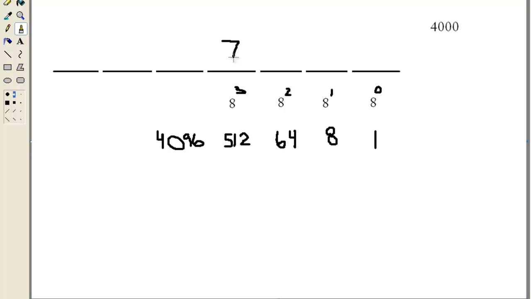So 7 times 512 would be 3,584. Okay, meaning that we have accounted for that many of the numbers. So that leaves us with 416 numbers remaining.